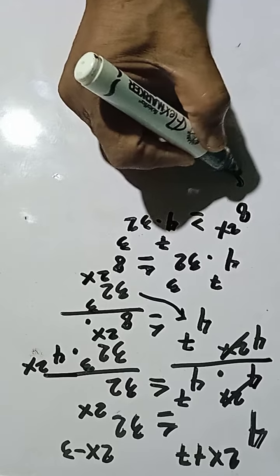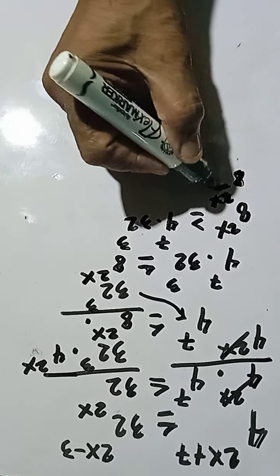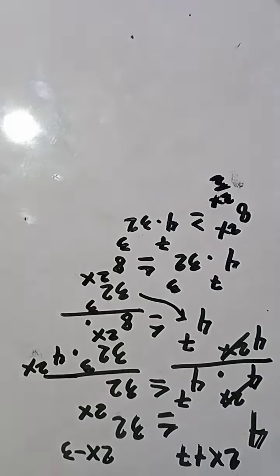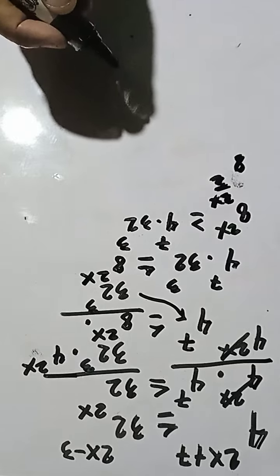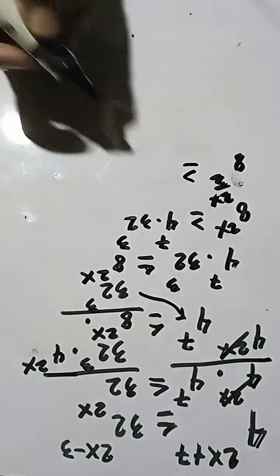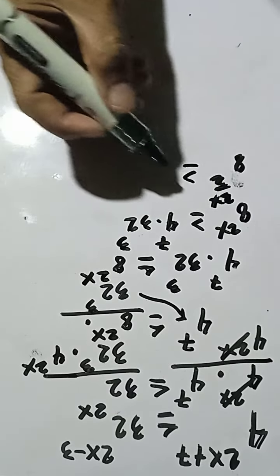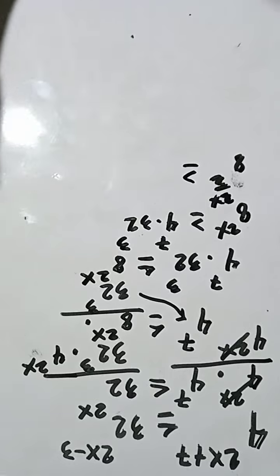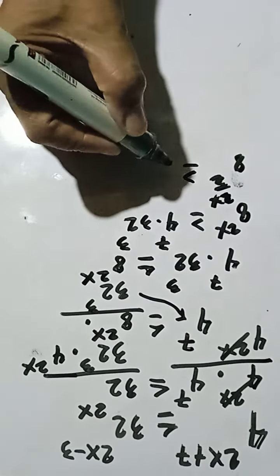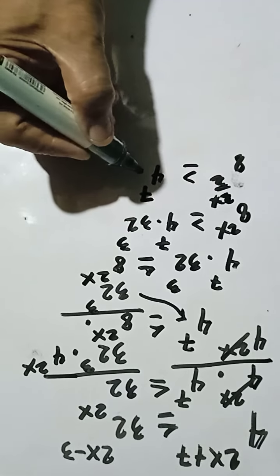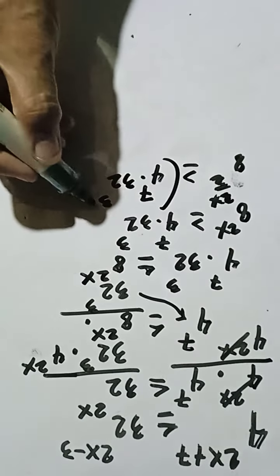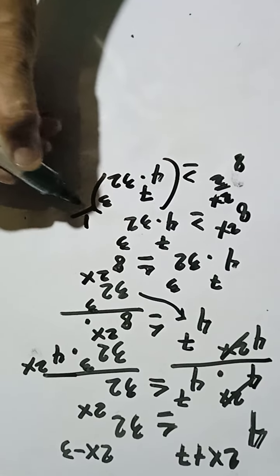So we have 8 raised to 2x divided by 2 is greater than or equal to, since we divide the exponent by 2, that means we enclose the radicand, and this will be 4 raised to 7 times 32 raised to cube, also divided by the exponent 2.